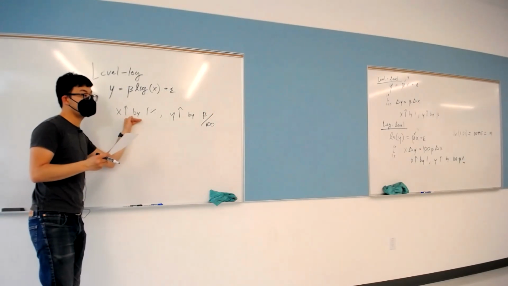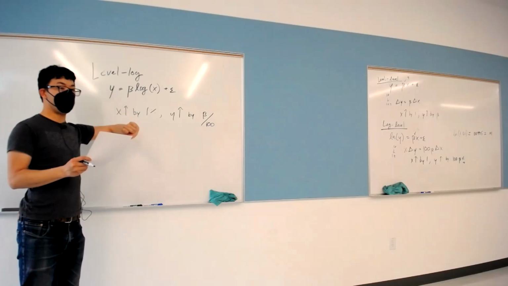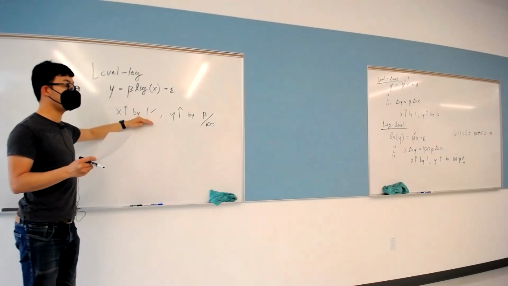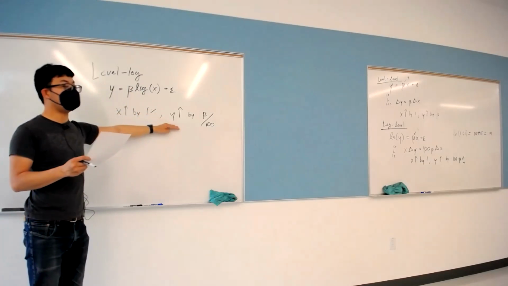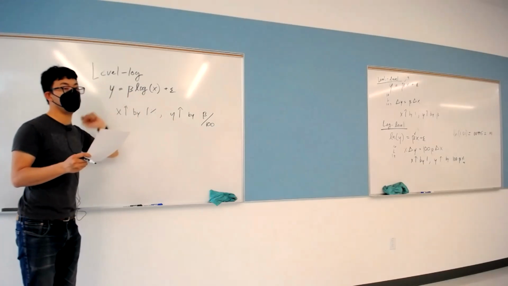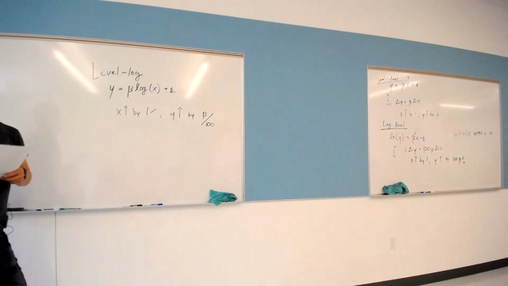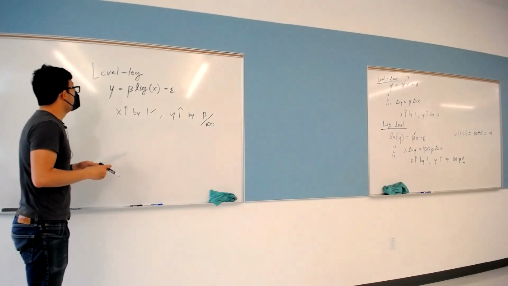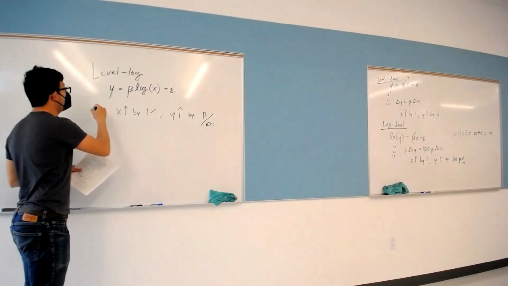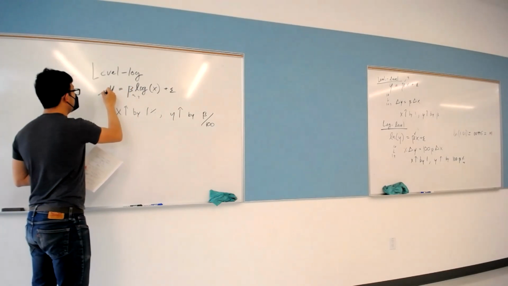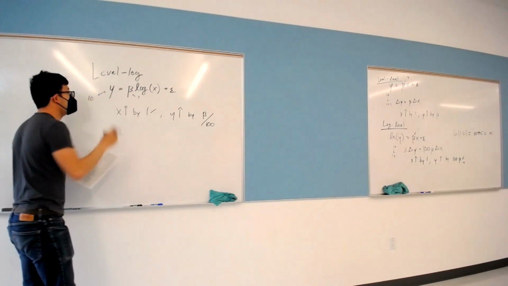As you change x not by a set amount, but by a percentage amount, then y will change by the flat beta over 100. Sure, yes. Okay, so this is 0.3 and this is 10.